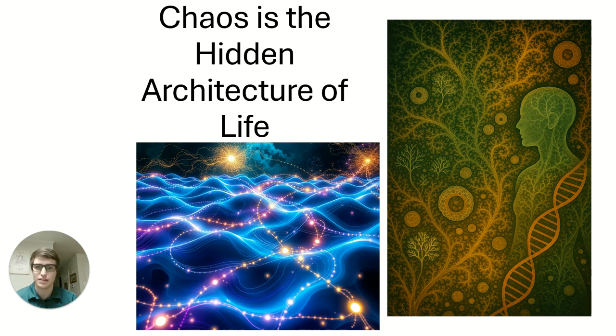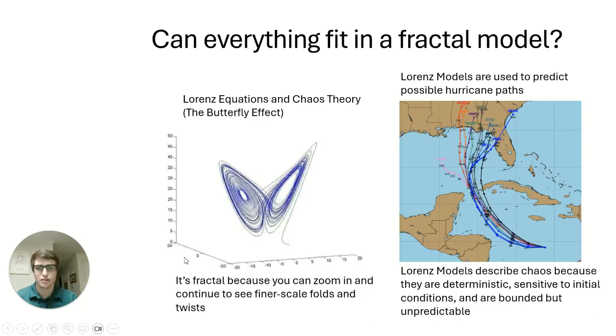So this video is called Chaos is the Hidden Architecture of Life. I'm very familiar with chaos and models that try to look into the inherent structure of chaos because I'm actually from South Louisiana.